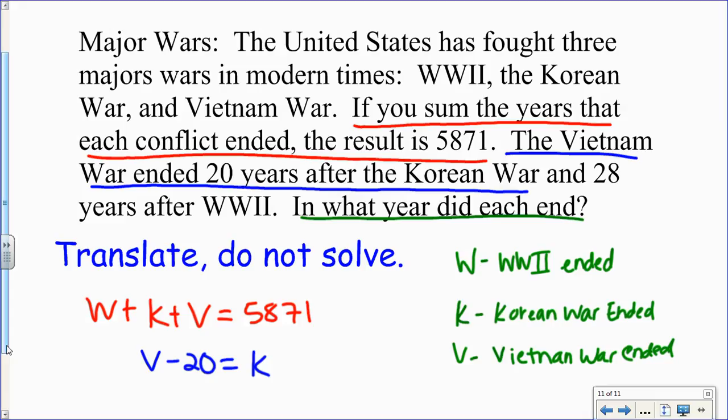You could either add 20 to K or subtract it from V. So for V to be equal to K, you have to subtract the 20. So let's say this was 1975, this was 1955. So for those to be equal, you'd have to subtract the 20 here.